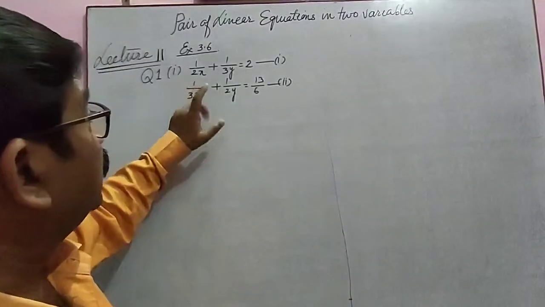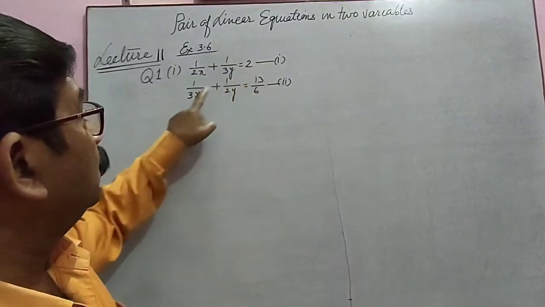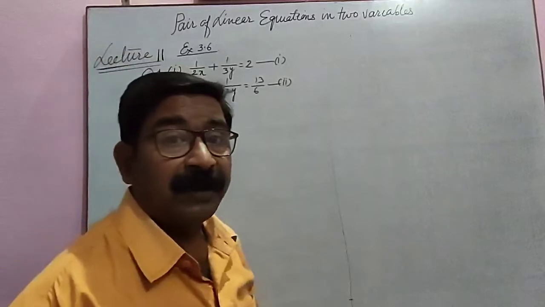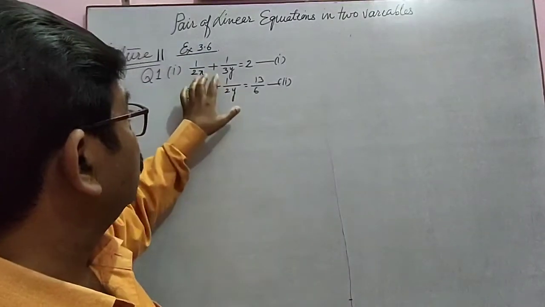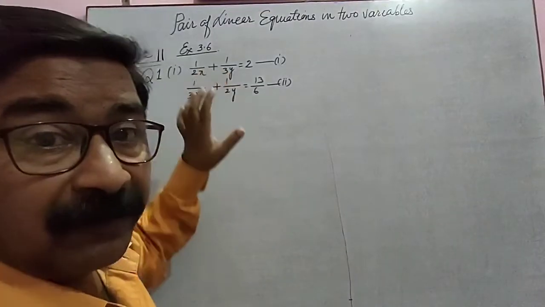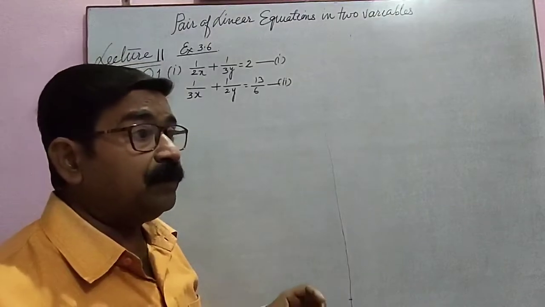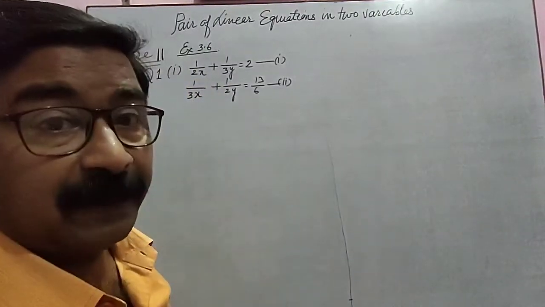Question number 1, first part. 1 upon 2x plus 1 upon 3y is equal to 2. 1 upon 3x plus 1 upon 2y is equal to 13 upon 6. Just mind it. Whenever we are given variables in fractions, we have to try to keep the coefficients of variables in the two equations the same.